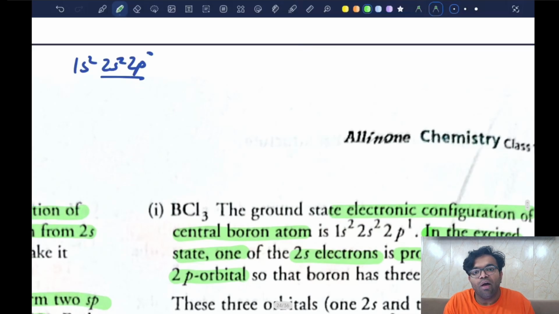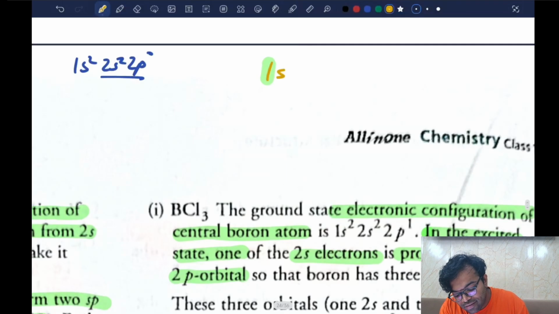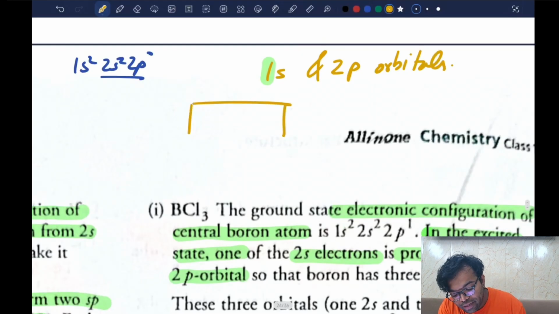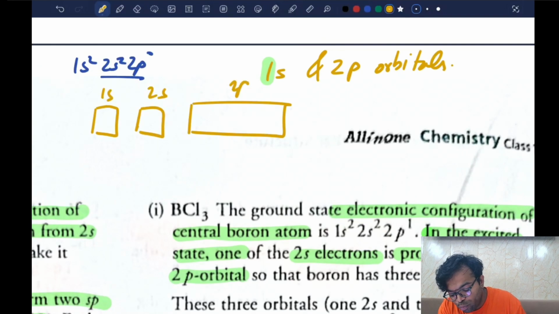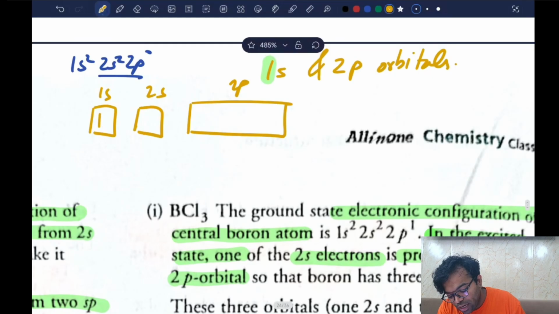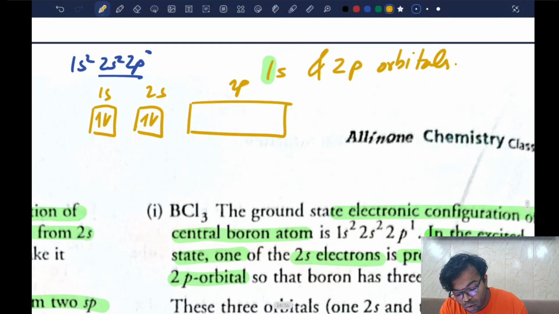In this case, to form an sp2 hybridization, we need to have one s and two p orbitals. But unfortunately for us, what is happening here? You have the 1s, 2s, and the 2p. 1s has two electrons in the case of boron. 2s has two electrons in the case of boron.